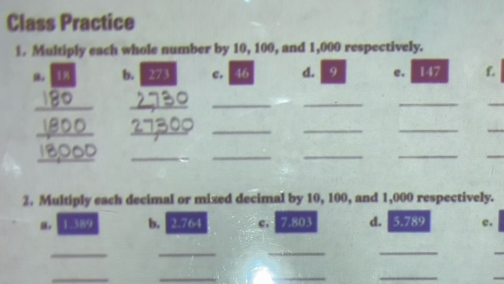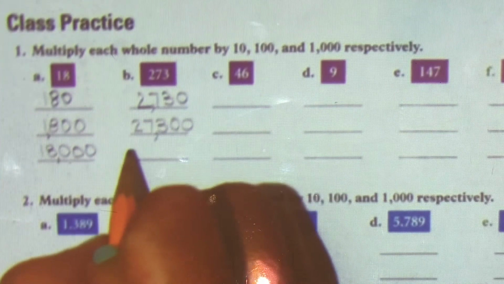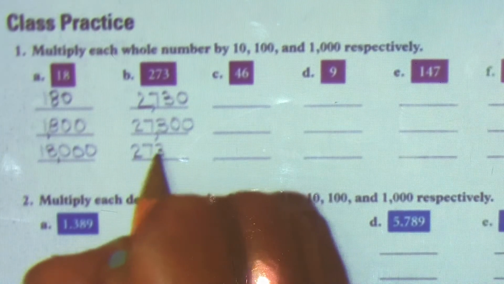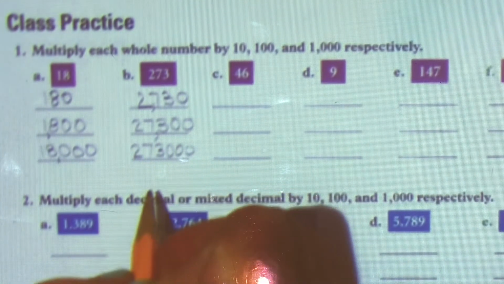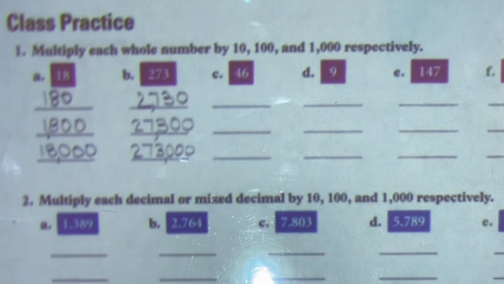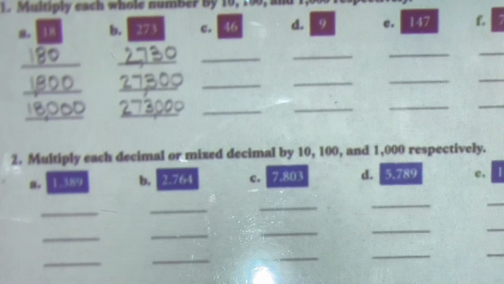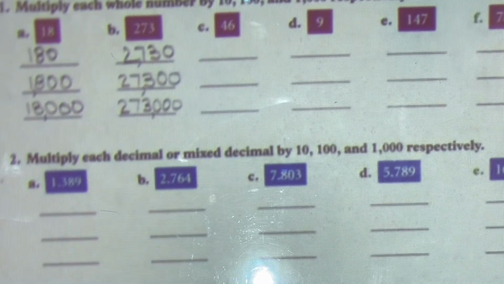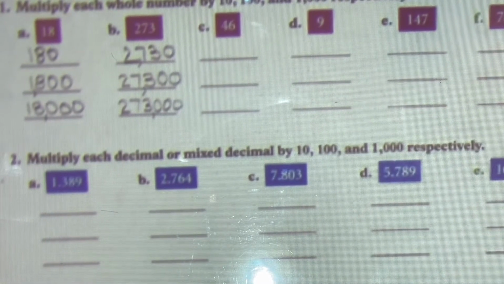And lastly, 273 times 1,000, that means that I'm adding 3 zeros to the number, and that's going to make my number 273,000, okay?